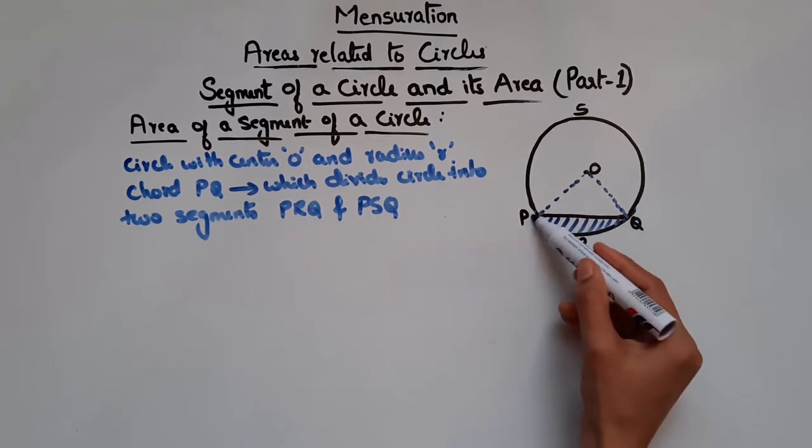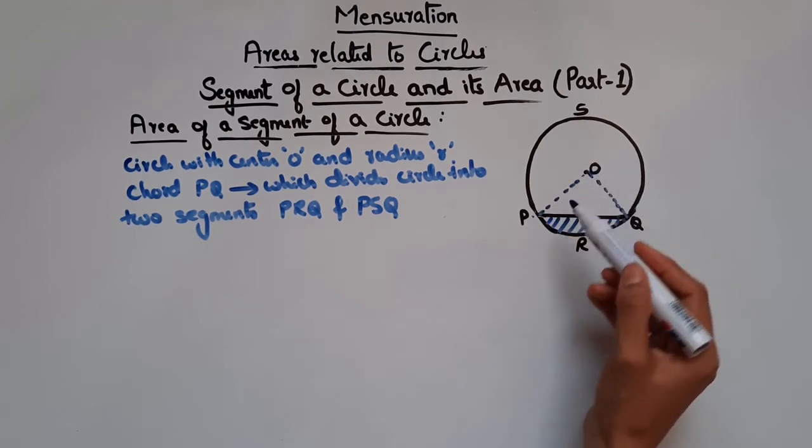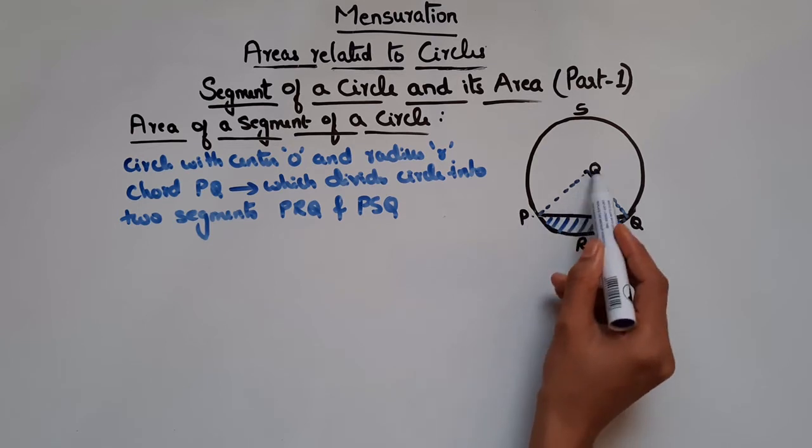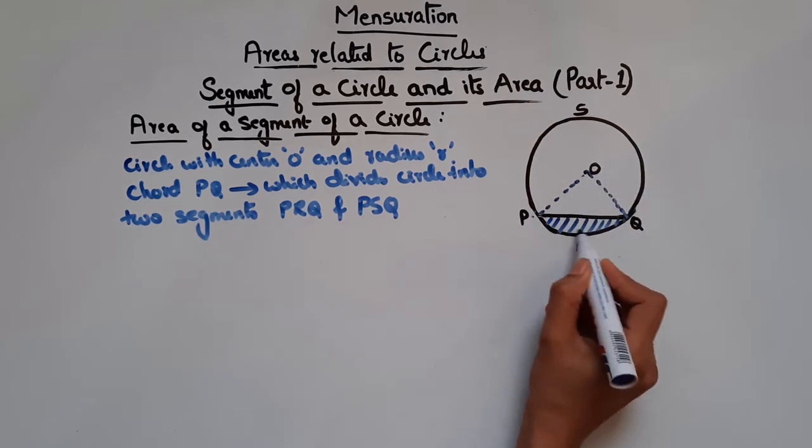We have a sector POQR. If you subtract the area of the triangle POQ from the sector, you will get this region. Agreed?